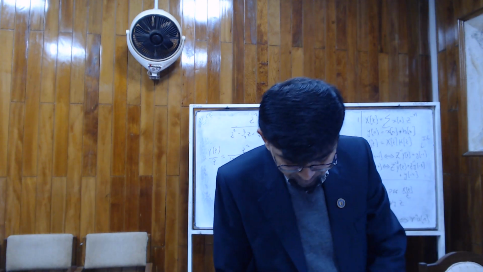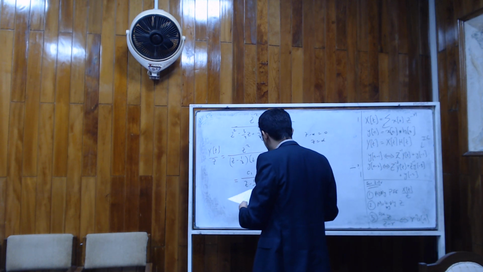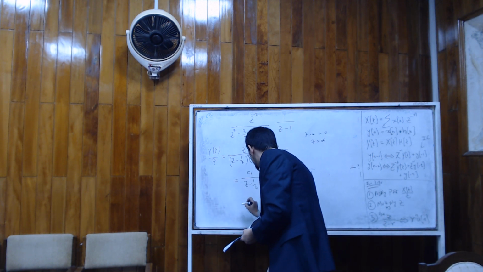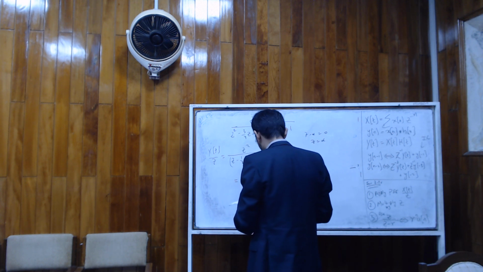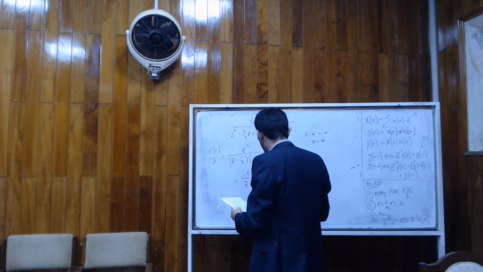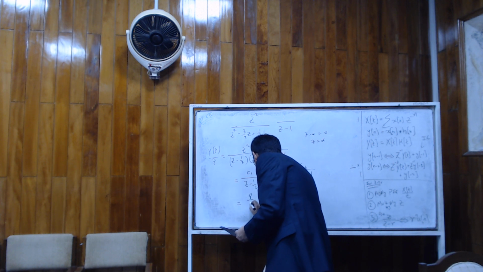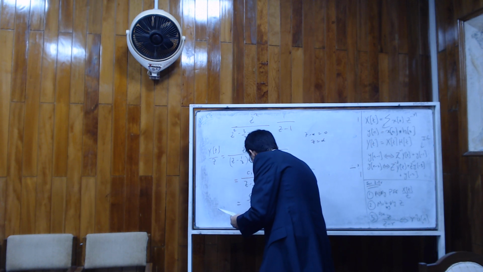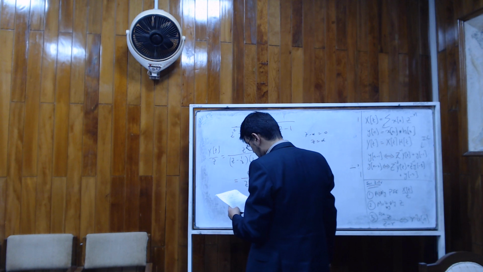Once you have all of them, I will just skip that part and I will write the roots here. So it is basically 8 by 3 over z minus 1. I'm just jumping to the final values that we get for each of these.